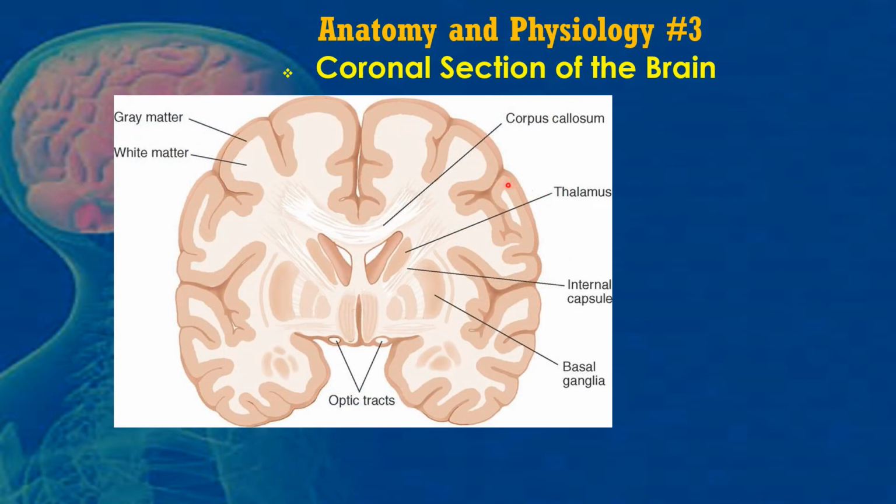So now let us look at the coronal section of the brain. The brain tissue could be gray or white. The gray matter consists of aggregations of neuronal cell bodies.